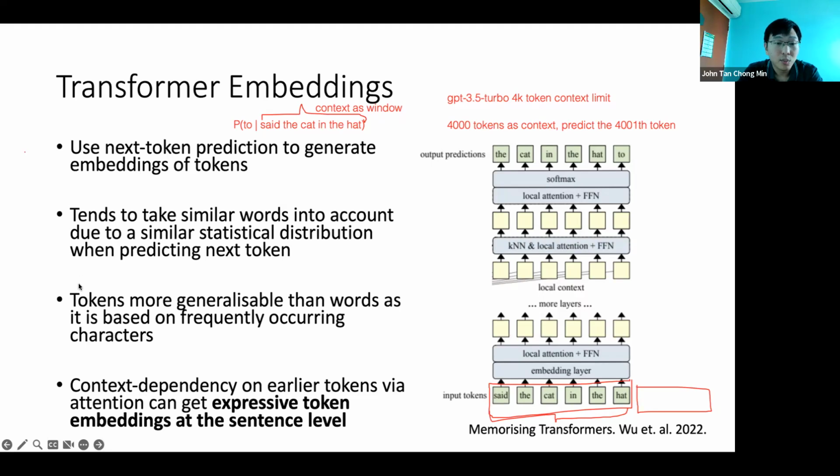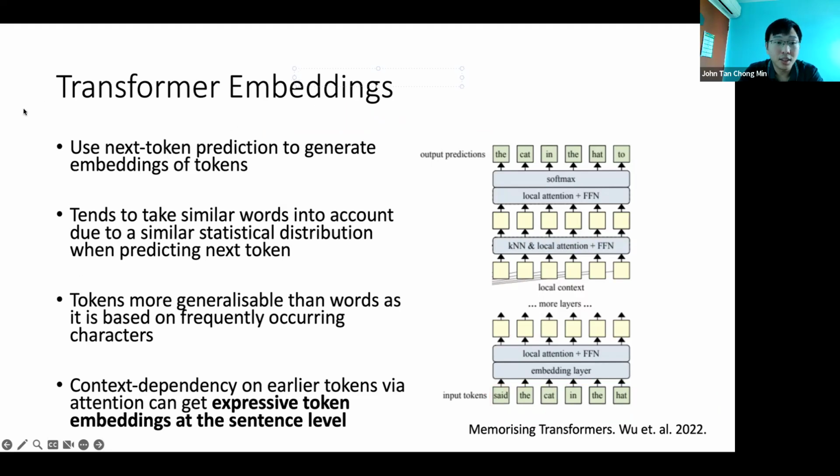So next, one of the key reasons why transformers do so well is this idea of tokens. Earlier, I was talking about how words like walk, walks, walked, walking could have a similar meaning, but it wastes time because we have to learn a separate meaning for each word as they are all different.